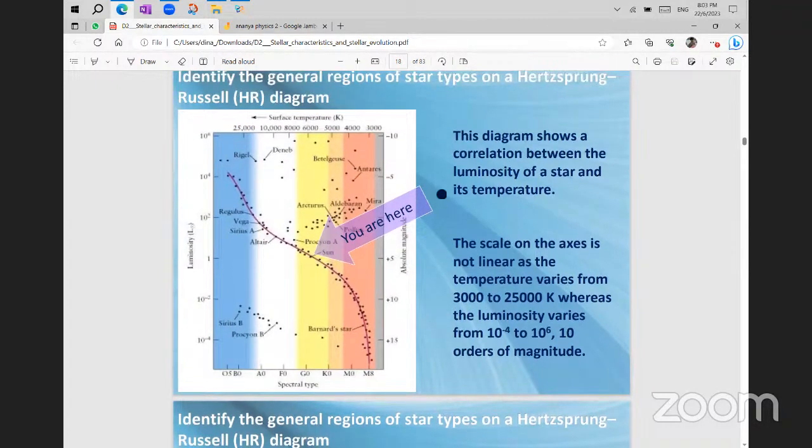If you ever have to use this diagram, sometimes your slide gives you something you have to use, sometimes maybe not, right? The point of this slide is, if you have to use it, I can find there's a relationship between the luminosity, the real brightness, and its temperature. This is useful practically because you cannot measure luminosity directly and you cannot measure temperature directly.